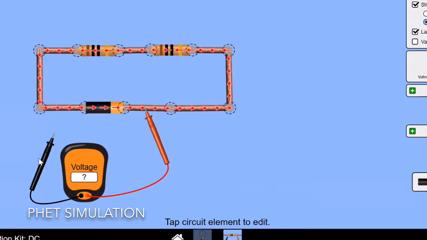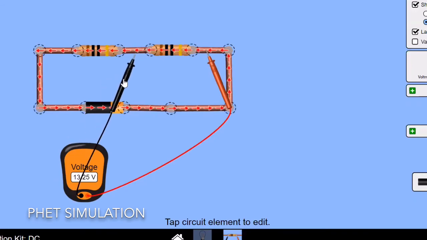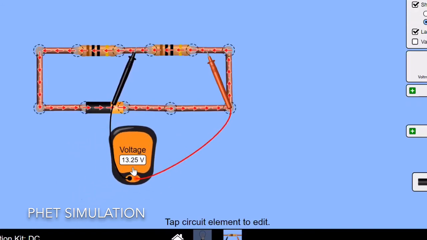So firstly, I put it here, and you see it shows the voltage of the battery, and you know it's positive. It should be positive. It's 26.50 volts. And then I measure the voltage drop across the first resistor. That is, if you can see, 13.25. Okay.